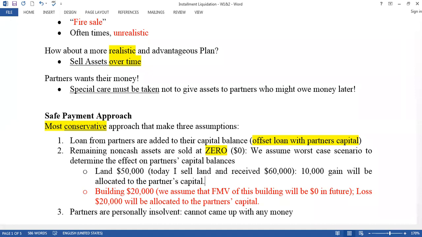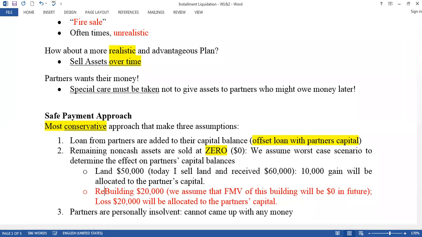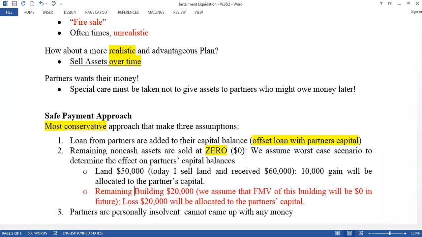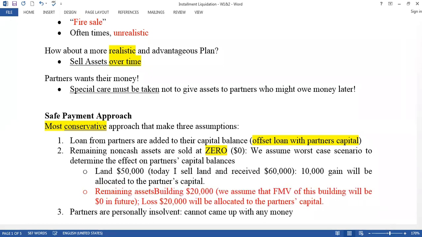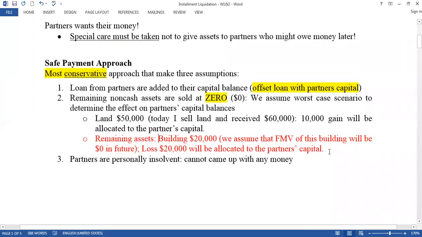So today I sell an asset, we have a gain that will be allocated to the partners' capital, but the remaining asset, the building, has a book value of $20,000, but today we have to assume that we are not going to sell this asset for our expected money. It should be 0. That means $20,000 is the loss, and this loss will be allocated to the partners' capital.